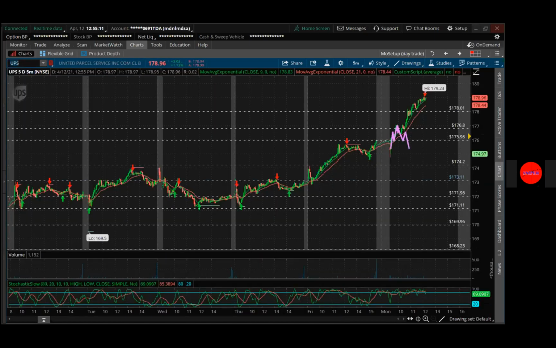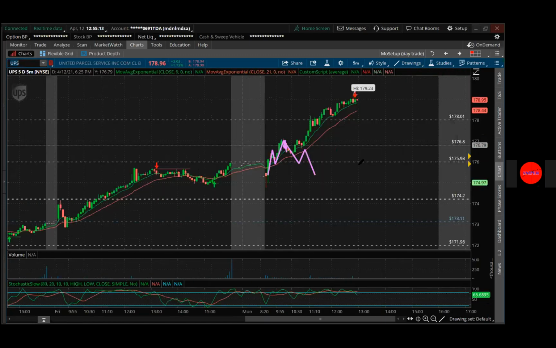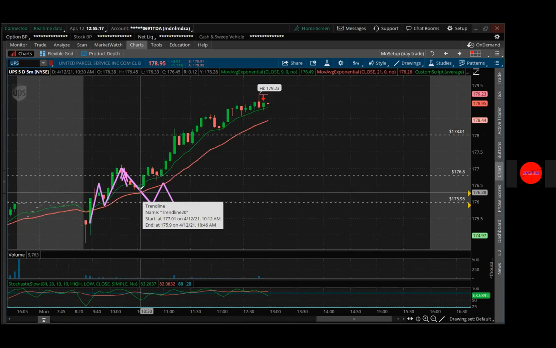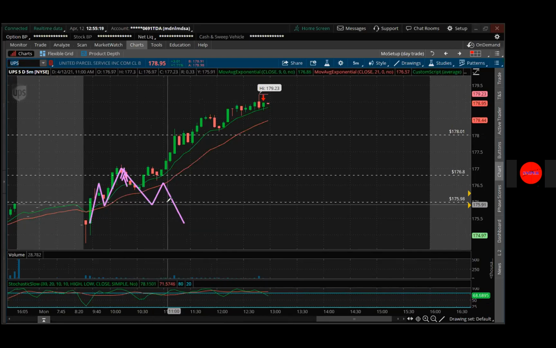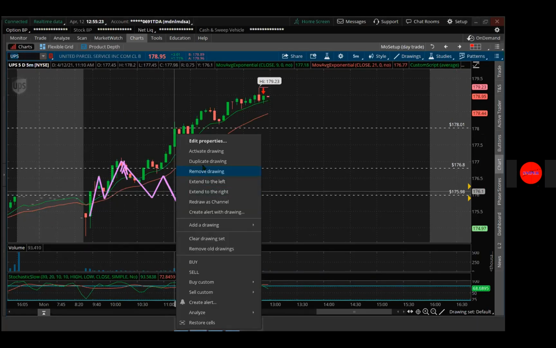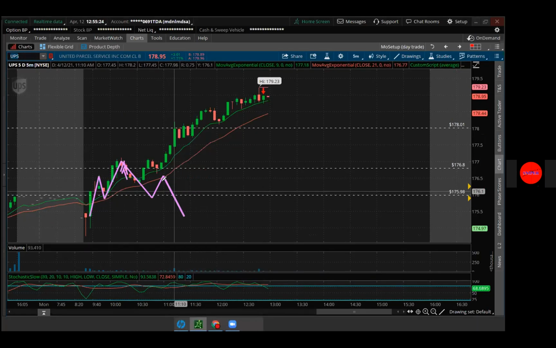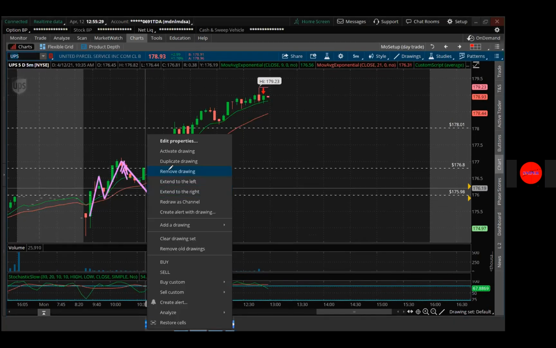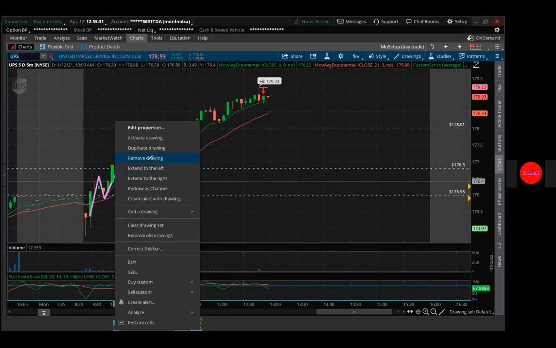So what I was thinking on UPS was this right here, where it forms this pattern, but it didn't work out as I wanted it to. But I had my entry, I'll be showing it to you guys more in depth.